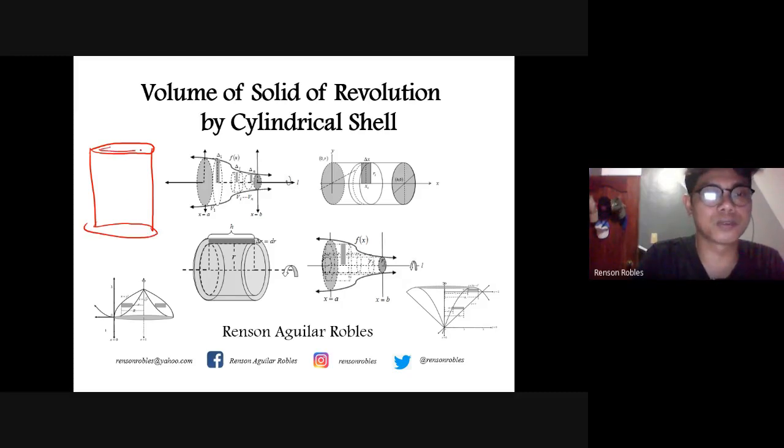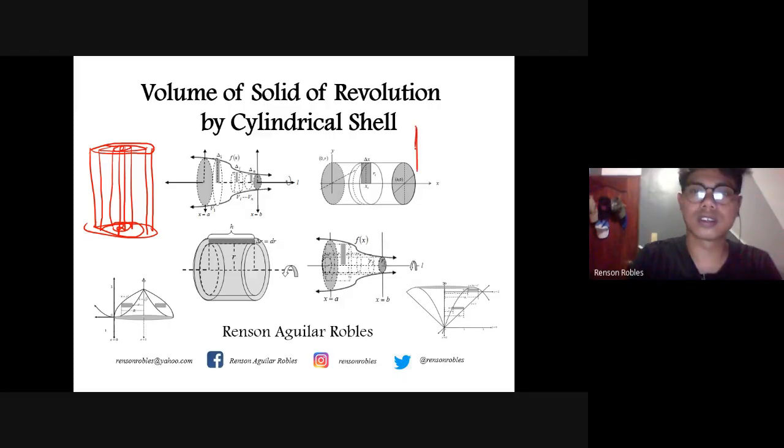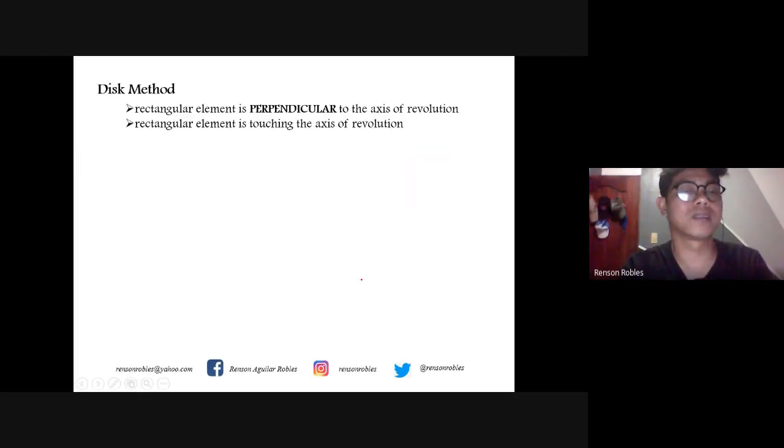Yung trunk, yung puno ng saging like this. Okay? So parang pag hinugot mo to, that's the idea. So parang ito, the smallest, pero sa loob ng smallest na to, meron pang maliit. And sa loob ng smallest na yun, meron pang maliit. You get what I mean? You can imagine that? So that's the idea of the cylindrical shell method.